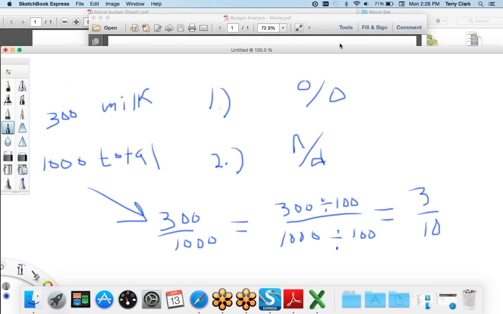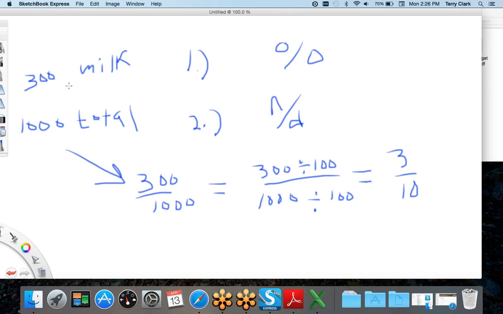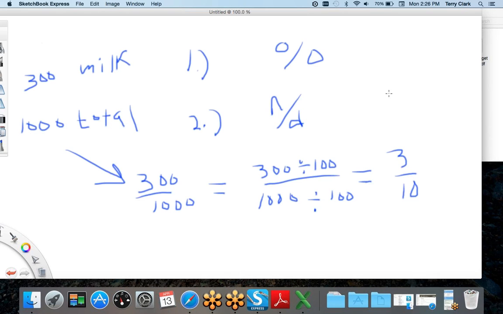Now, you would stop here on this problem, but if they asked us what percentage of the total cost is the milk, then we would keep going. If they were asking for the percentage, we would take the 3 and divide it by 10. That would be 0.3.